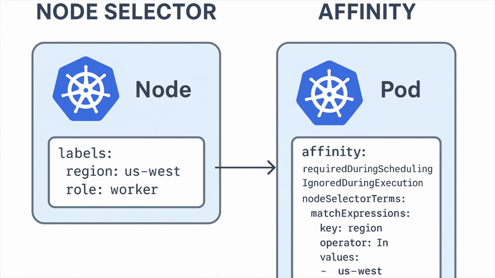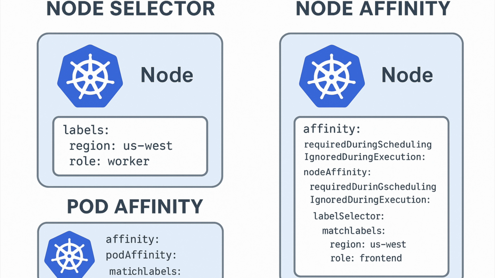The purpose of the node selector is basically to deploy our pod on a specific node that has the matching label, but it is pretty limited compared to the affinity rules. And node affinity comes with slightly more advanced features compared to the node selector, like it supports flexible rules, and it also supports operators.